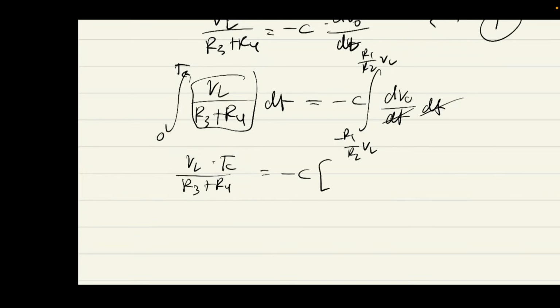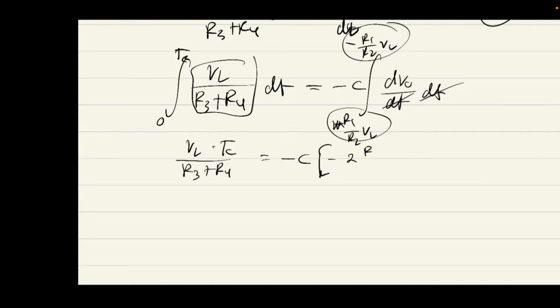And it's equal to negative C times this one minus this one. Sorry, this one should be positive and this one should be negative because we are charging the capacitor. Negatives cancel out, the VLs cancel out. We can solve for Tc, it's just 2C times R3 plus R4 times R1 on R2.